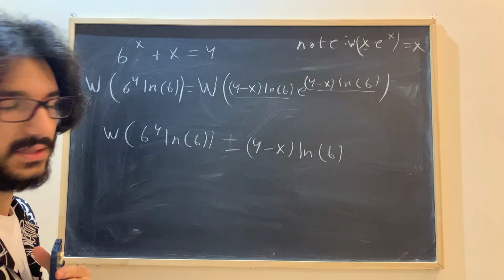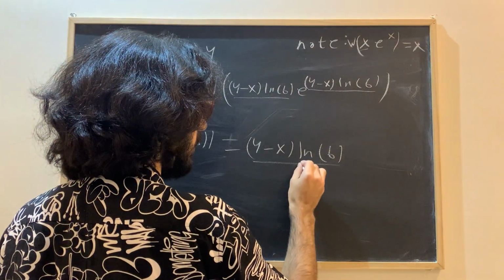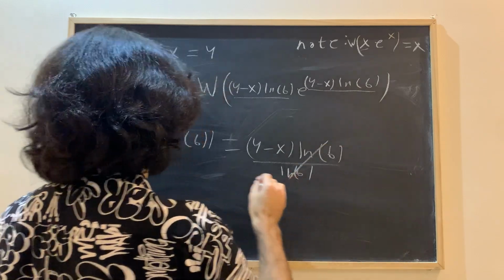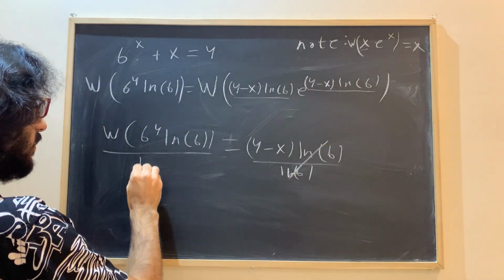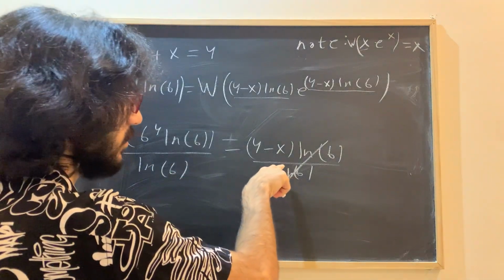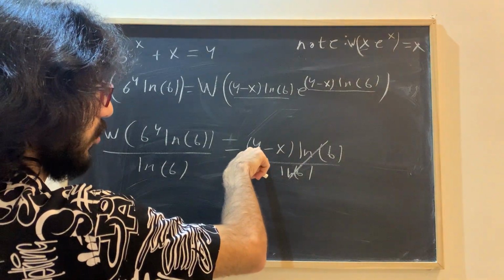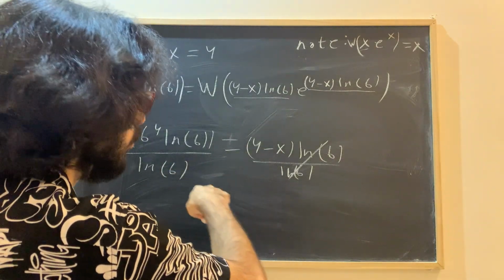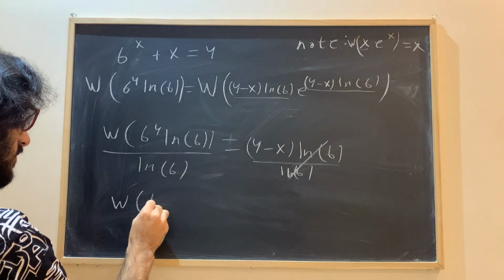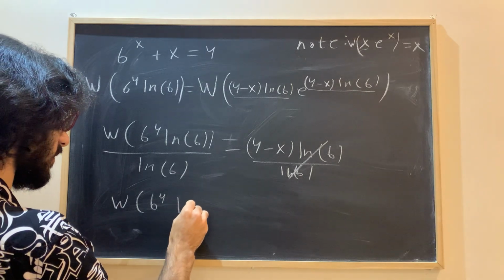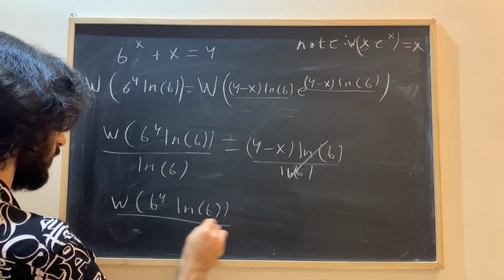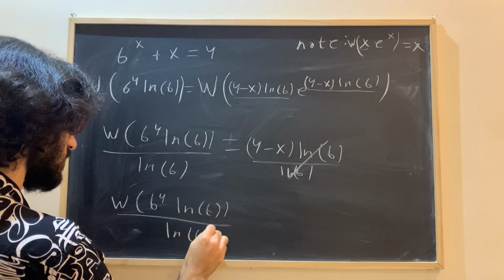And now we just solve for x like we normally do. We divide both sides by ln 6. These cancel out and we get ln 6 here. Then in the end we can just move the 4 to the other side, so we're going to have W of 6 to the power of 4 ln 6 over ln 6.